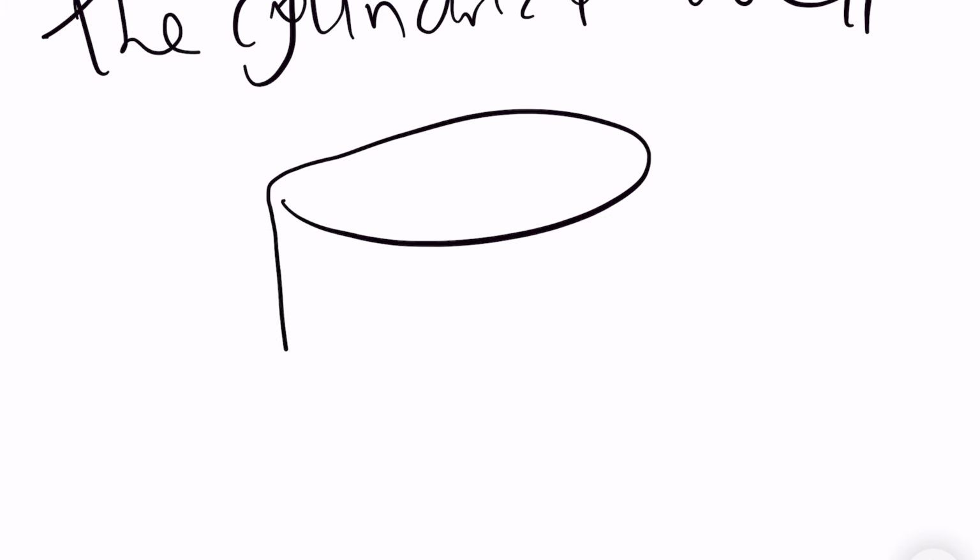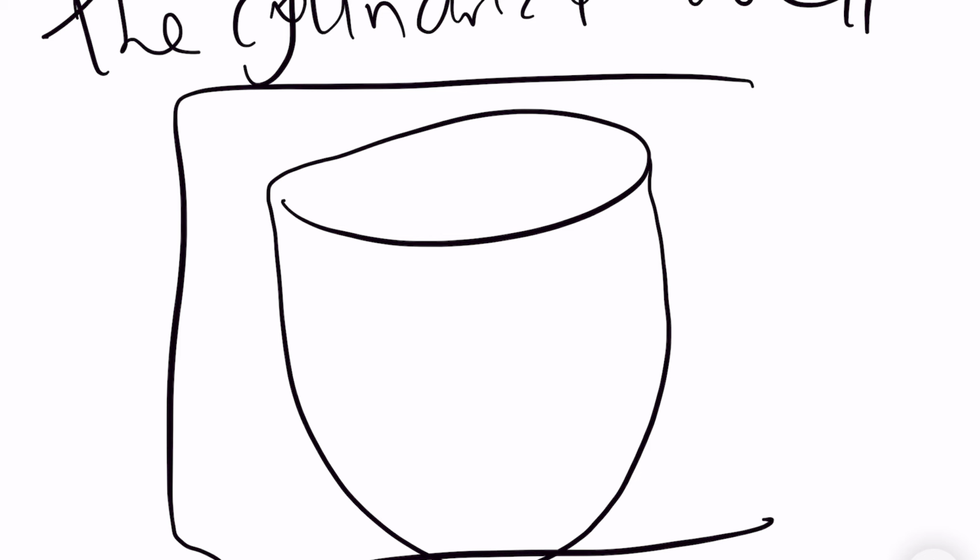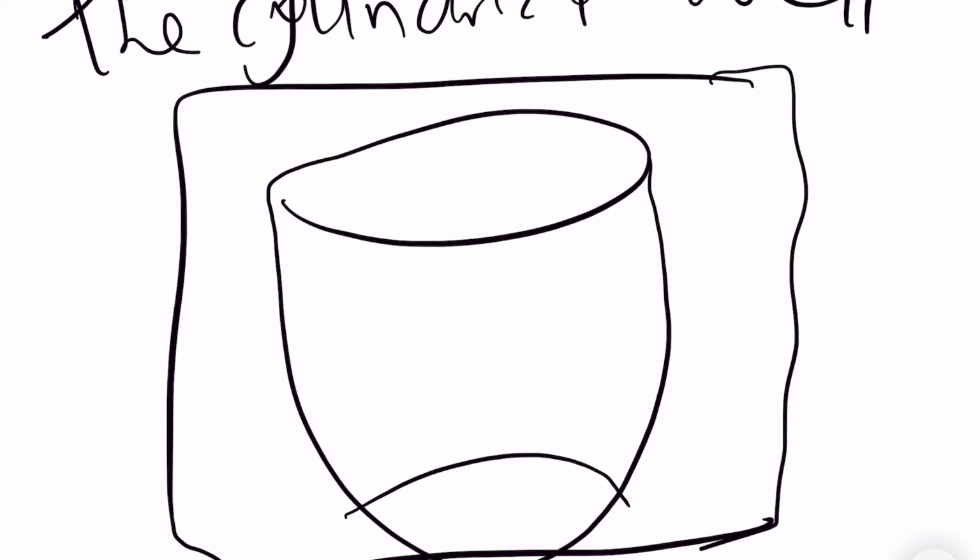Because when we have a well like this and we have a rectangle, this is exactly what is being described. This is how the shape of the well is. We have the rectangle and we also have the well which is cylindrical in nature.